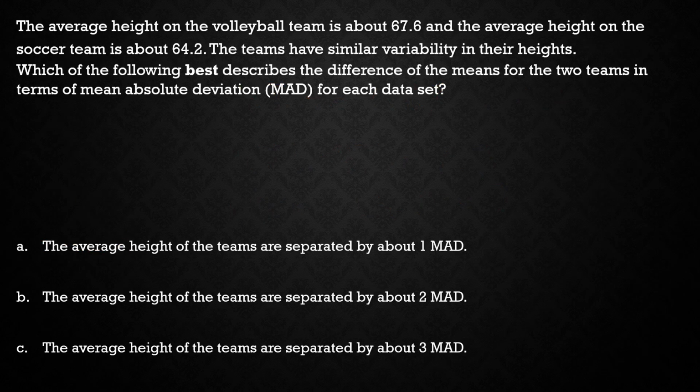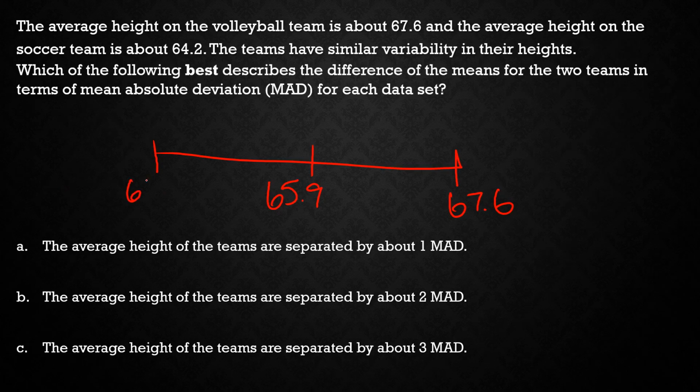Alright, now this question wants to know about how many mean absolute deviations are these two data sets apart. Well, if I were to draw a number line and have that 65.9 in the center, 67.6 over here, and 64.2 over here, we know that one mean absolute deviation is 1.8 inches, right?